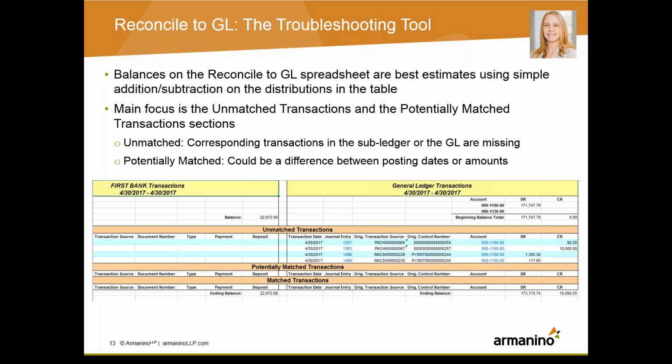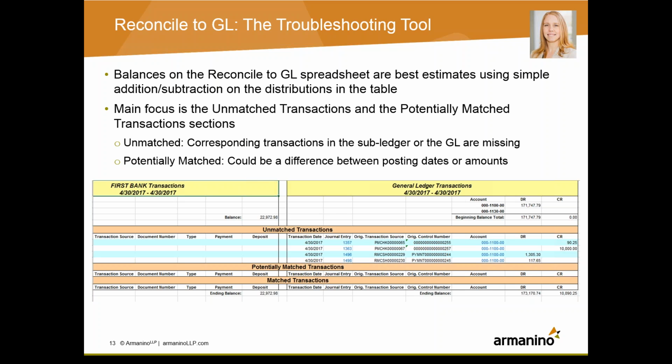Another common thing, especially with bank rec, is because you're coming from a subledger and it's passing through bank into the GL, sometimes the checkbook ID can be changed.